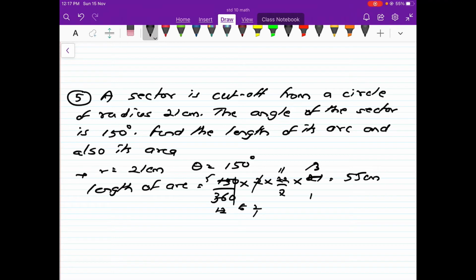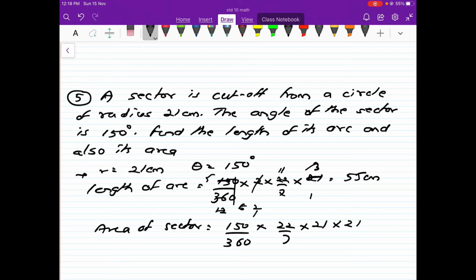Now we have to find the area of the sector. So area of sector is given by theta upon 360 into pi into r square. So this is 21 into 21.